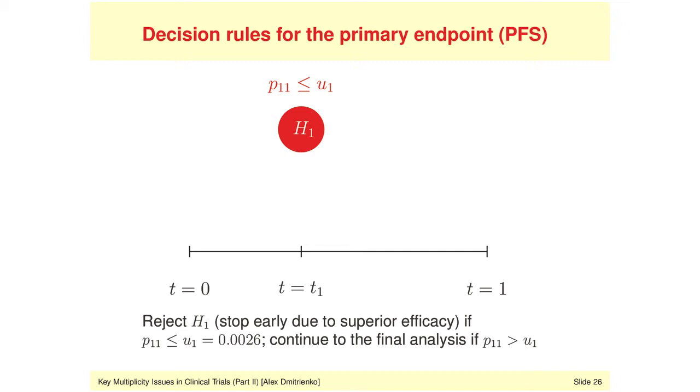Here we can pretend that there's only one clinical endpoint being evaluated, and therefore at the time of the interim analysis we are going to reject the null hypothesis H1, and we can stop the study early due to superior efficacy if the p-value for the PFS endpoint is significant at the predefined adjusted significance level of 0.0026.